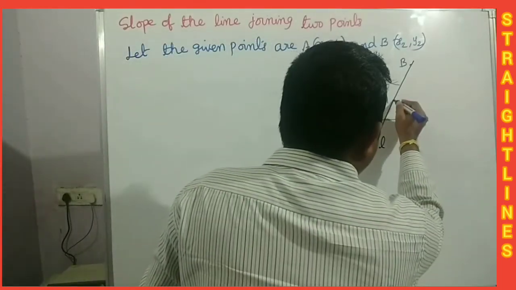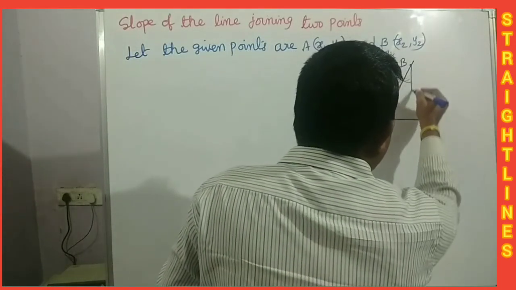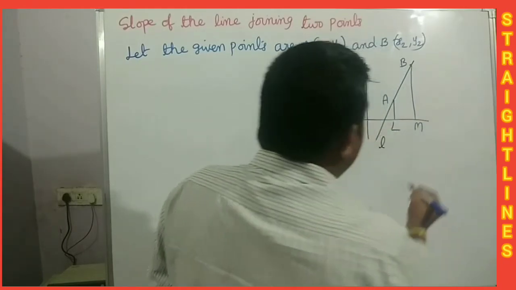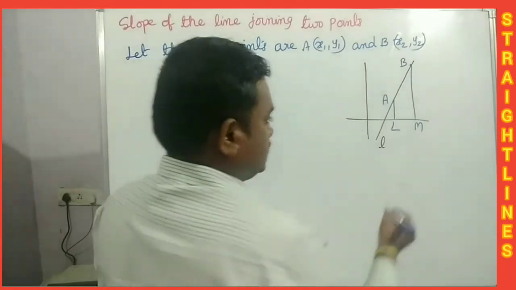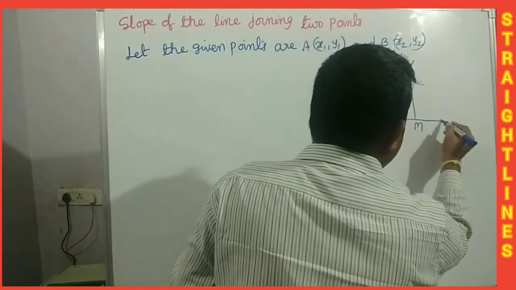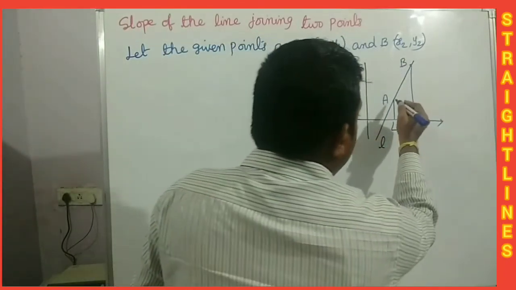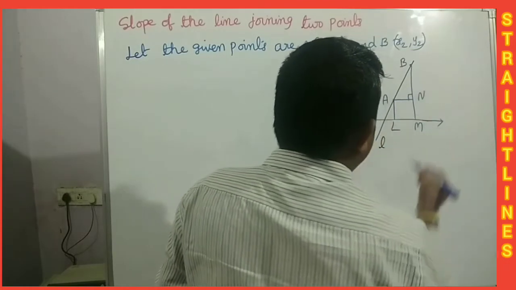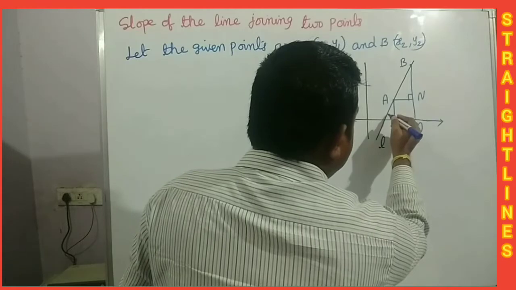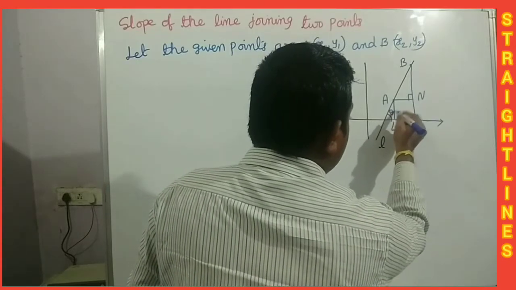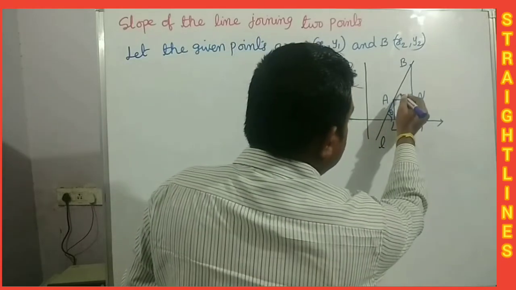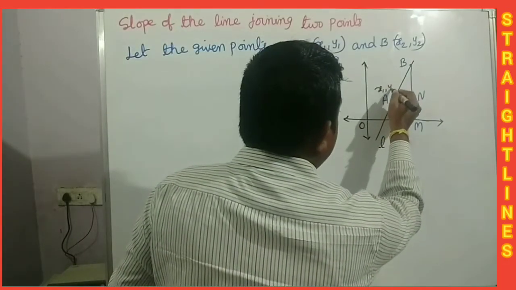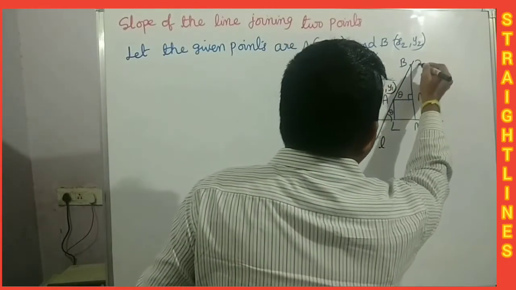Draw AL and BM perpendicular to the x-axis. Next, draw AN perpendicular to BM. Now let theta be the inclination of the line. So this is the angle also theta only. A coordinates are x1 y1, B coordinates are x2 y2.